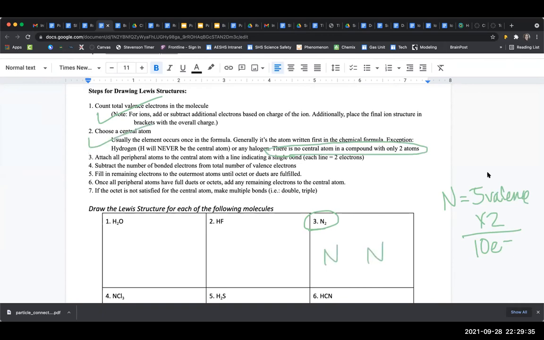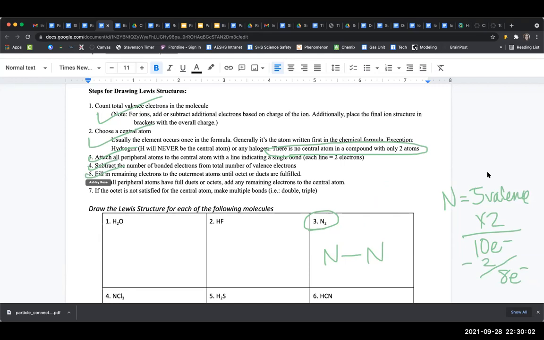Attach peripheral atoms to the central atom with a line. So I attach. I subtract the number of bonded electrons from the total. Remember that each line is equal to 2 electrons. So minus 2 means I have 8 left. Then it says to fill in those remaining electrons until the outermost atoms have octets or duets satisfied.